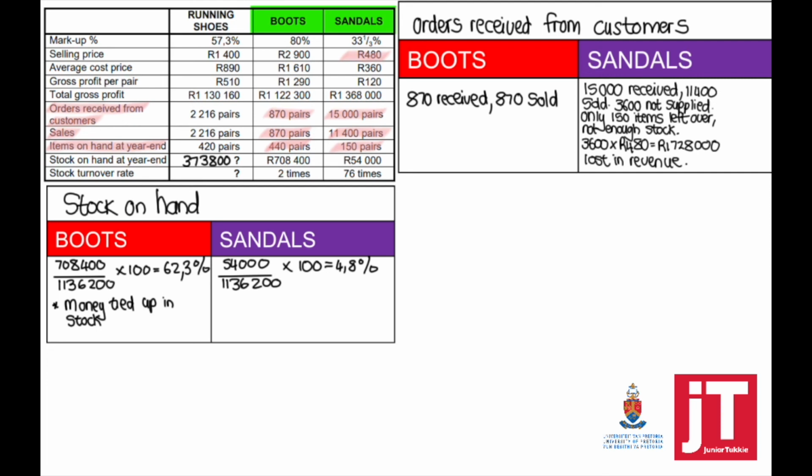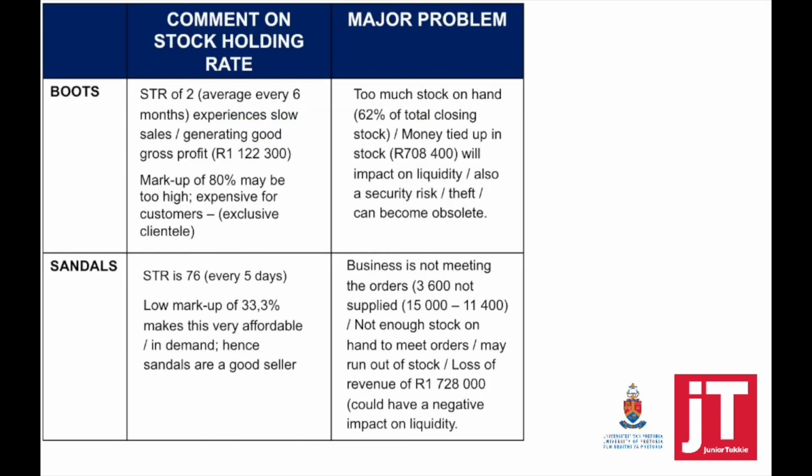We can end up losing customers to our competitors if we don't have enough stock. So this is a concern. So we've now looked at identifying potential problems and looking at specifically the stock turnover rate, which the question asks.